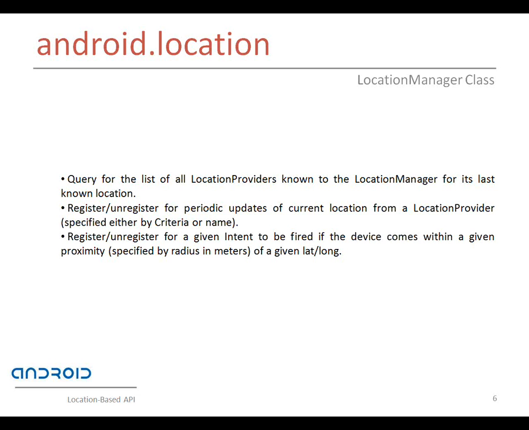Next thing that location manager provides to you: register, unregister for a given intent to be fired if the device comes within a given proximity specified by radius in meter of a given lat long. Now moving next.